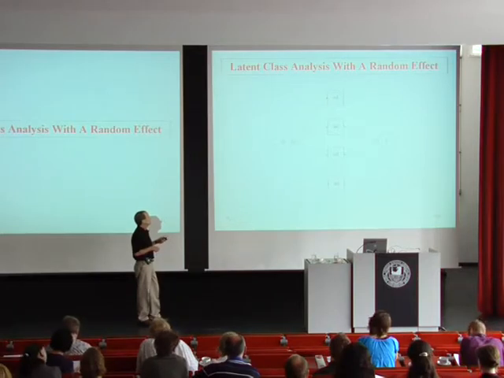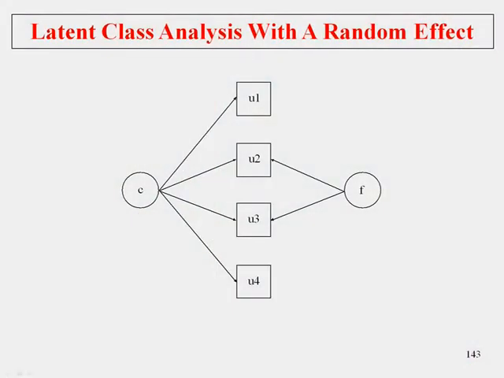So you can have a model like this, where you have the latent class part of the model on the left, and then you add a way for these two variables, U2 and U3, to correlate. One way to do that is to introduce a continuous latent variable that makes them correlate over and above what is explained by the latent class variable.